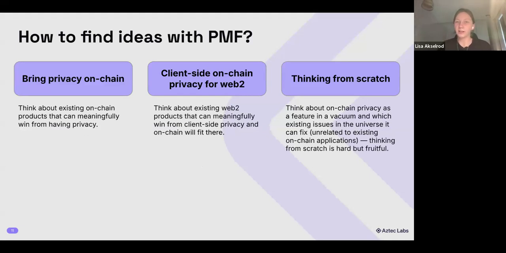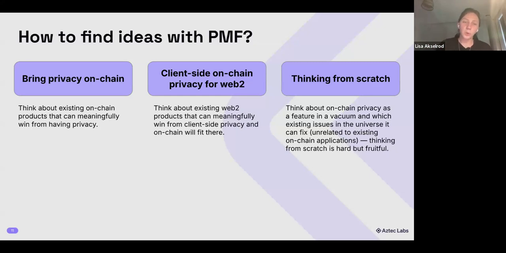In general, when we think about starting a company, founding a startup, coming up with a product, mostly it's about there is some problem or pain, meaning that something exists in the world and people suffer with it. And we know how to fix it. So this is product market fit.